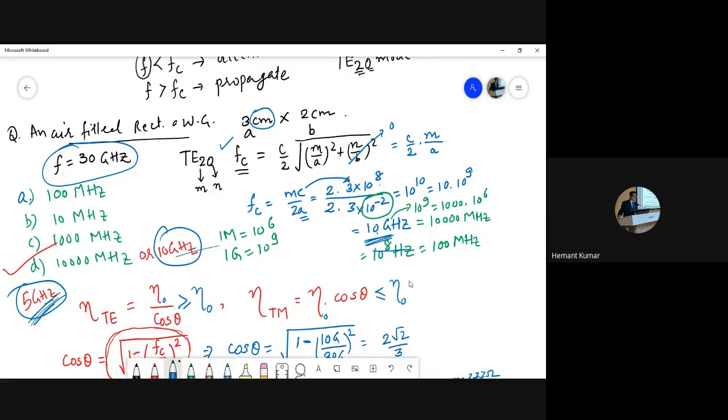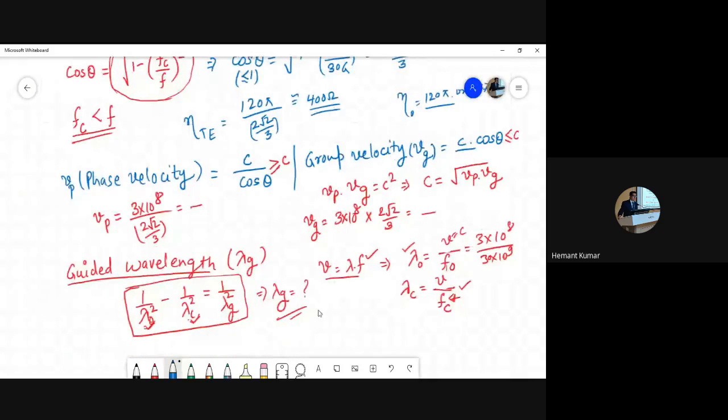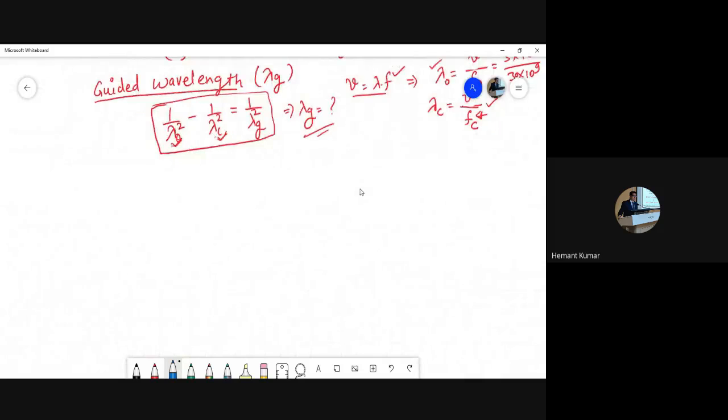And there is some one-mark question that you can remember: the dominant mode. What is the dominant mode? The dominant mode in a waveguide is the mode for which the cutoff frequency is lowest.